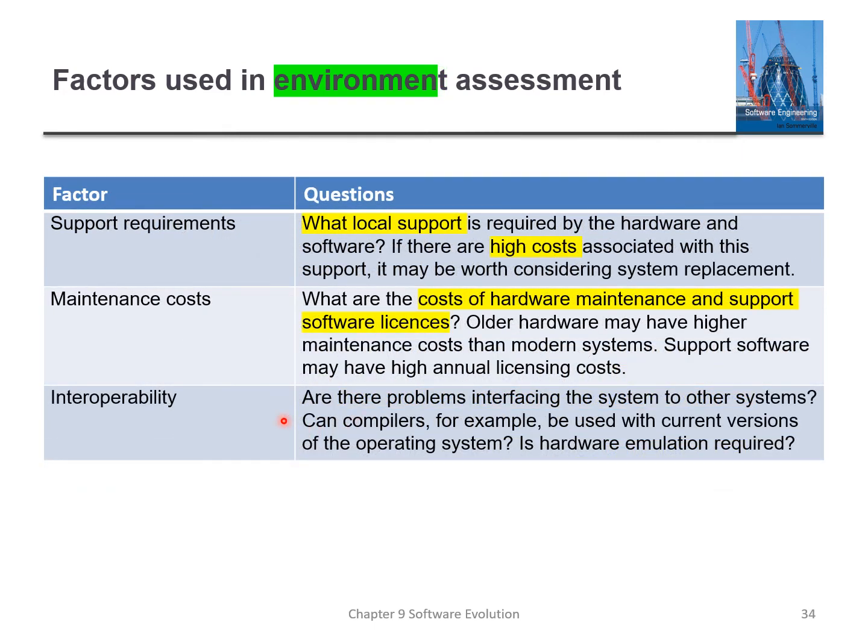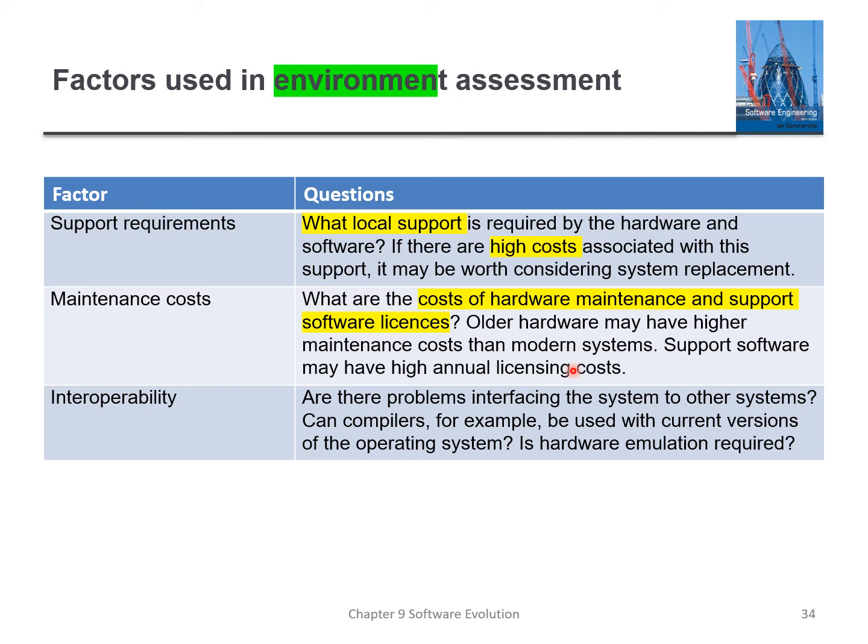All right. So you should also be looking at the support requirement. Is there any local company that is there to help you in case there is any problem in the future with the legacy system? In terms of the maintenance cost, in terms of the software licensing that you have to pay, because this is an old system, you don't have much option.